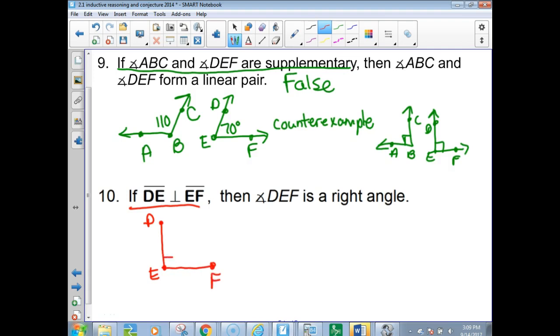You need to know the vocab. Okay, so I made the if be true by drawing this picture. Now I'm going to see, is the then true? Is angle DEF a right angle? D to E to F? Yes, it has to be. So this whole statement was a true statement.